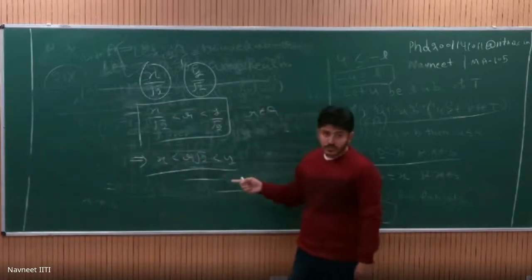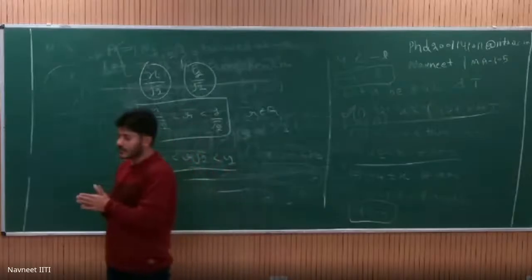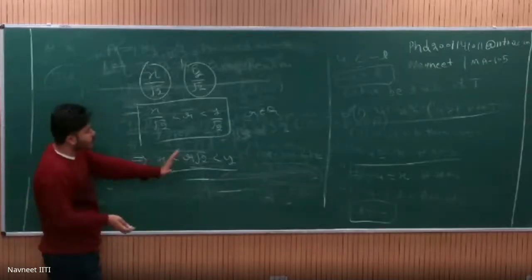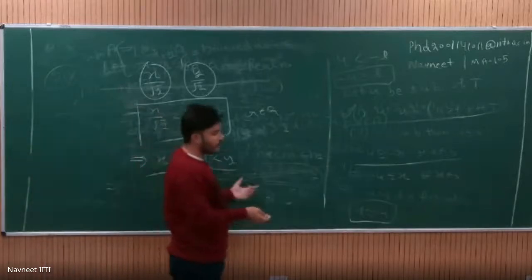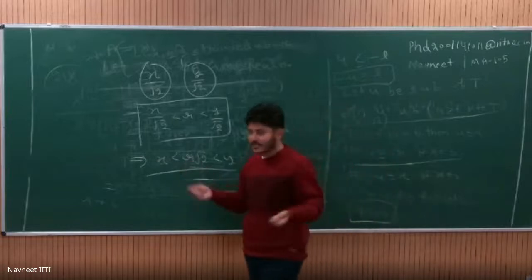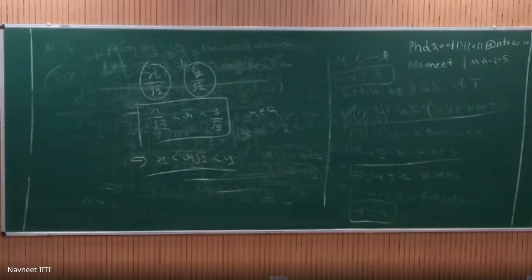R is a rational number multiplied with root 2. Irrational. Then actually what you have done, you have found an irrational number between any two real numbers, and then you can use that method again, taking these two numbers, to get infinitely many. Okay, it's clear or not? Yes, sir.